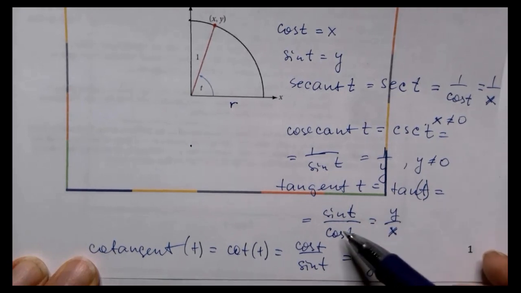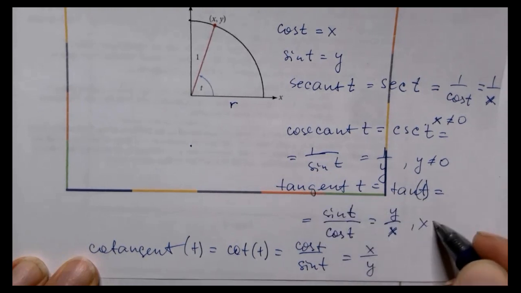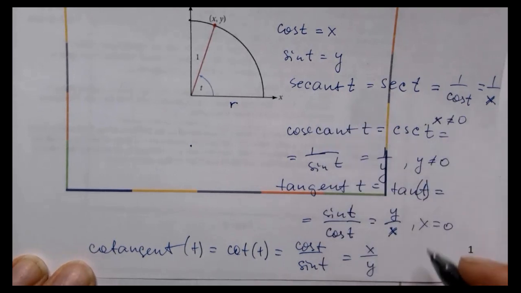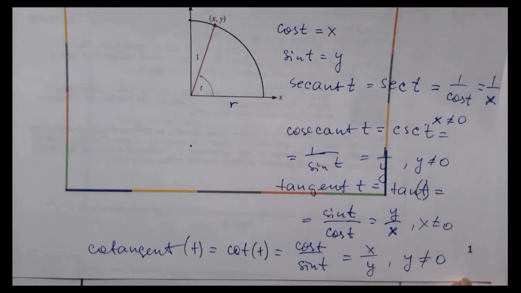Again, the tangent is not defined where x equals 0, just the same as secant. And cotangent is not defined where y equals 0, just like cosecant.